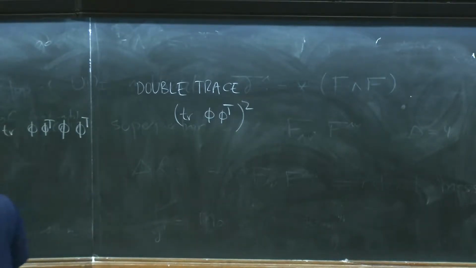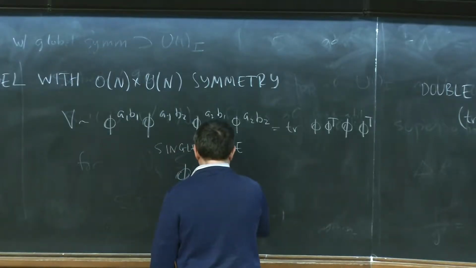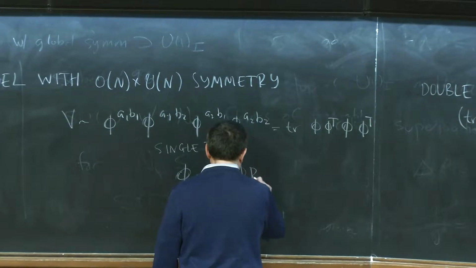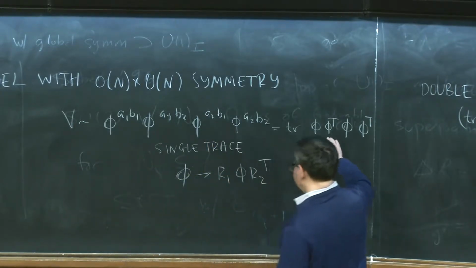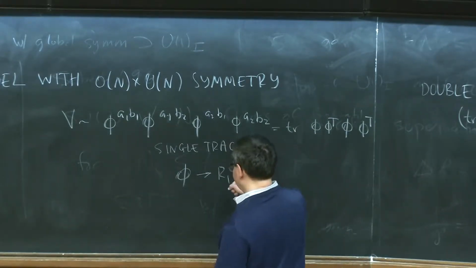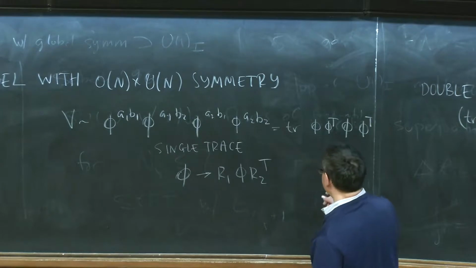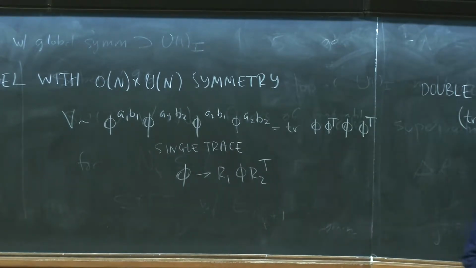And then you see that the symmetry obviously works if I send phi to R1 phi R2 transpose and just plug this in here. You'll see that with the requirement that R1 and R2 are orthogonal matrices, this is invariant.